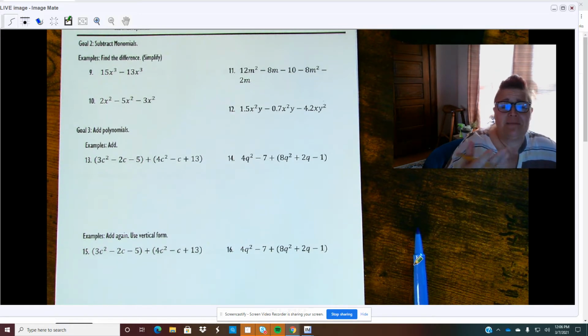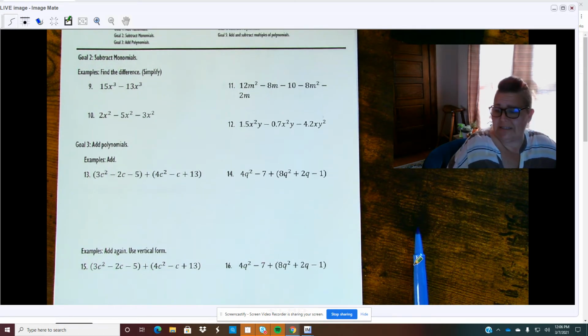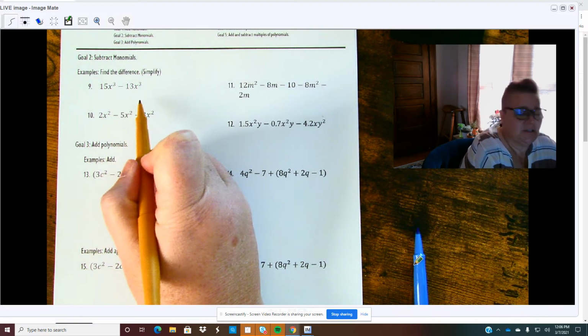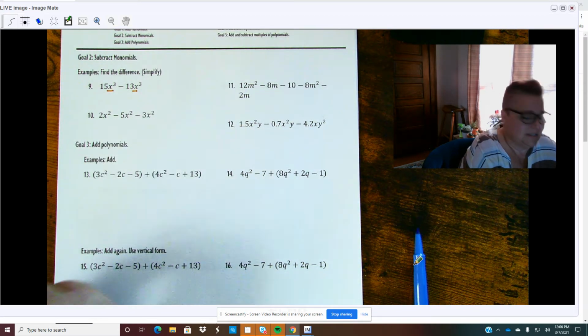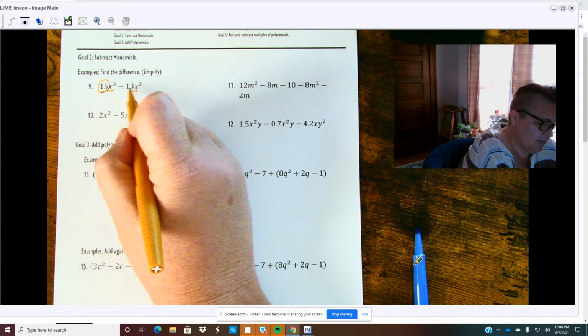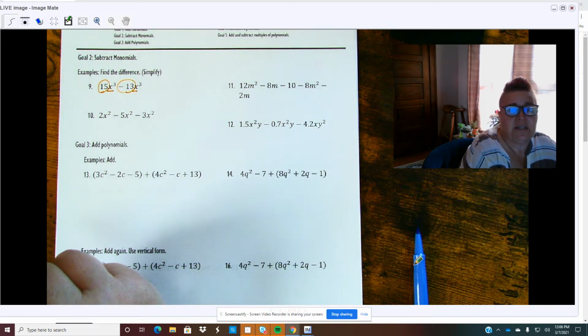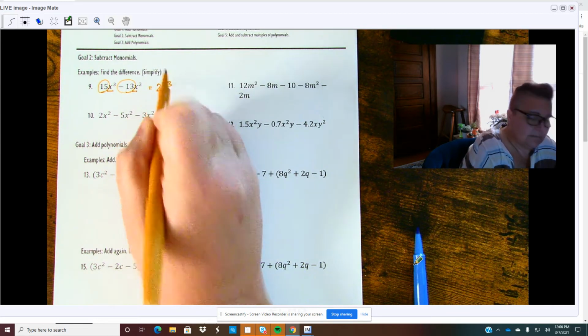Okay, we'll do the same thing with our second goal, which is subtracting them. So whether you're adding or subtracting, we do the same steps. Here I have 15x to the third minus 13x to the third. Notice these x to the thirds are the same, so I'm just going to combine those coefficients or multipliers. 15x to the third minus 13x to the third is indeed 2x to the third.